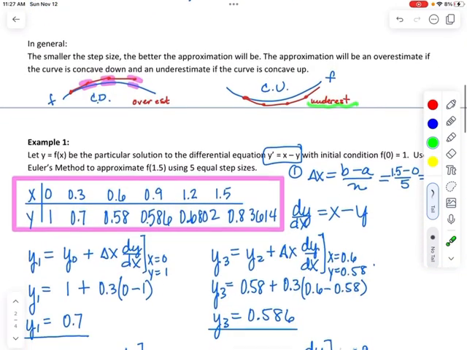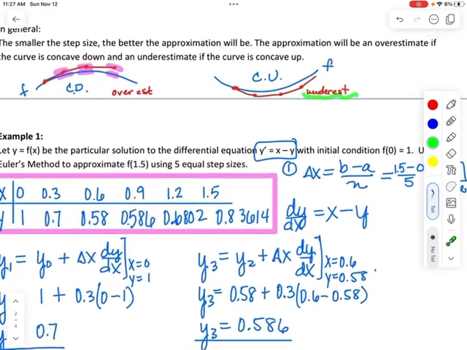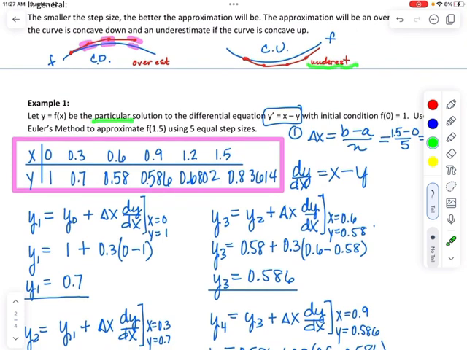There you go. Let's look at the first example. Let y of x be a particular solution to the differential equation y prime is equal to x minus y. You can't separate the x's and the y's here because there's a difference.